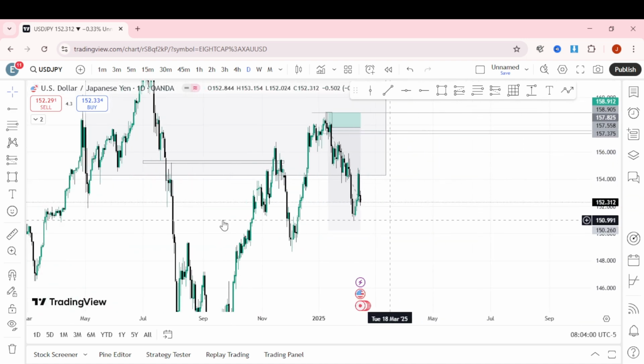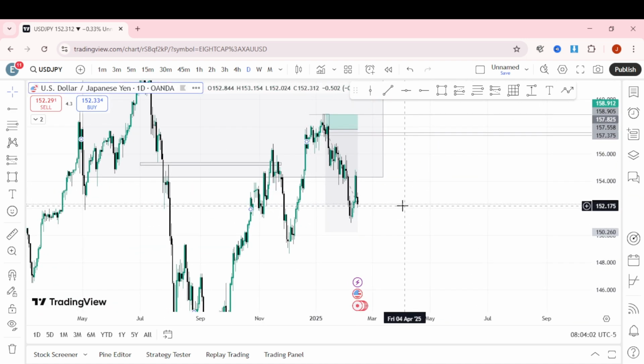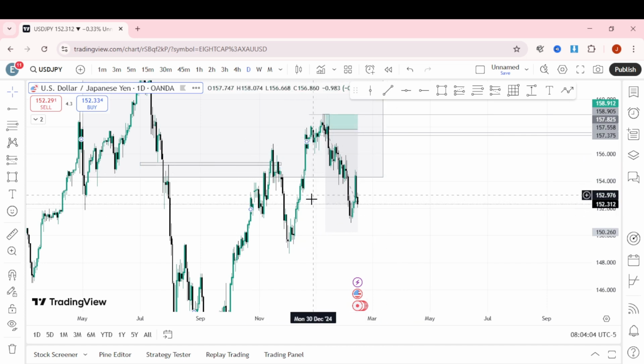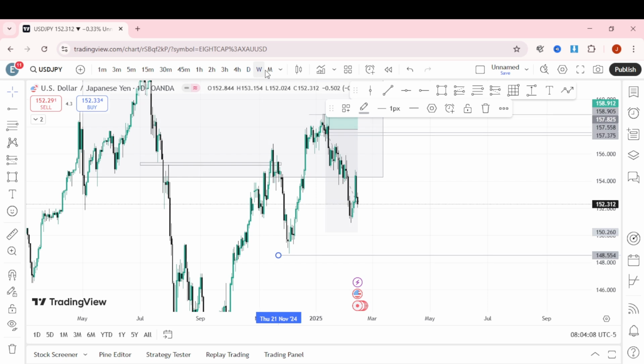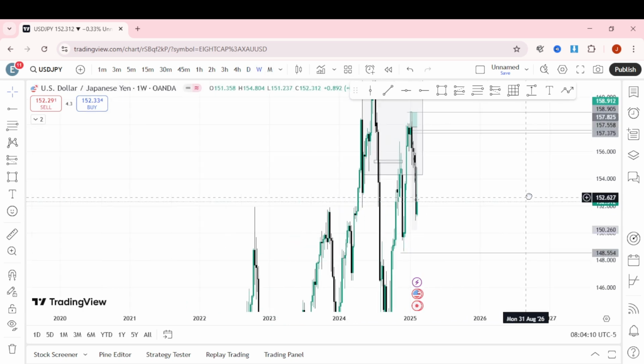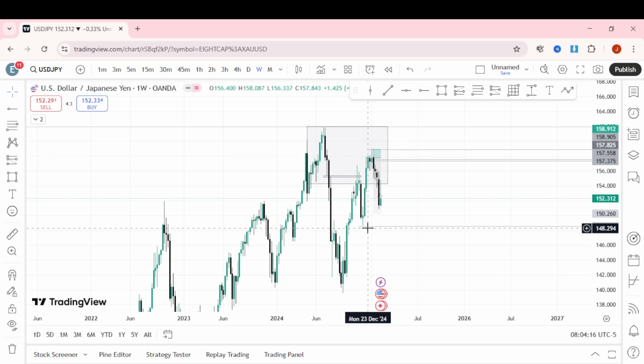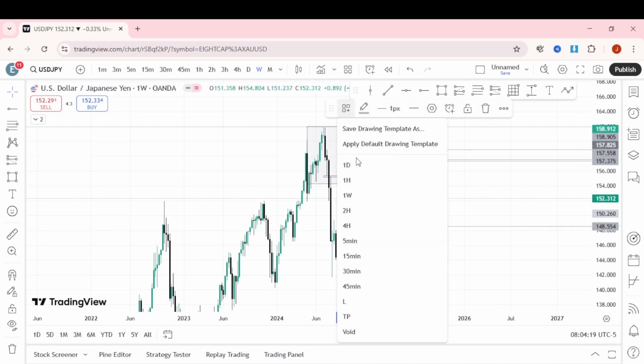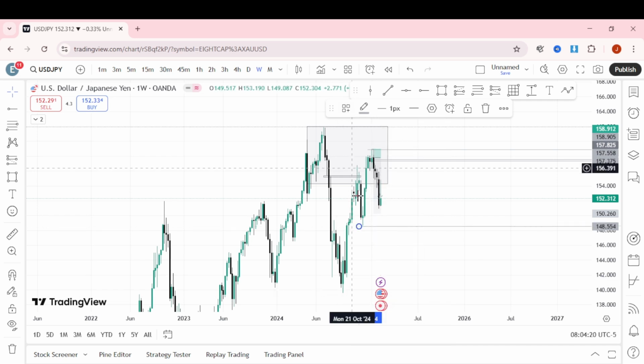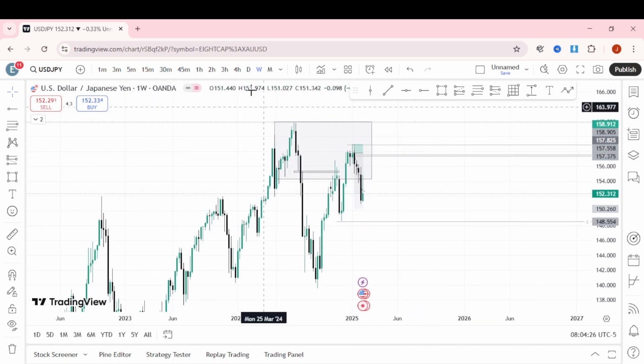So there's a very high certainty that price will go below this low, because if you check on, I think, the weekly time frame, you can see price did not break any structure. So this basically is a liquidity. So price is definitely going to come below this low. That's on the weekly time frame.